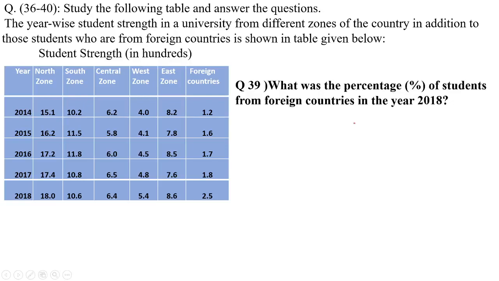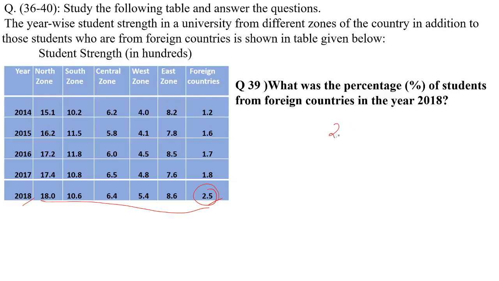Next question: what was the percentage of students from foreign countries in the year 2018? So in 2018 the students were 2.5, right? So out of the whole 2018, how many were foreign country students?